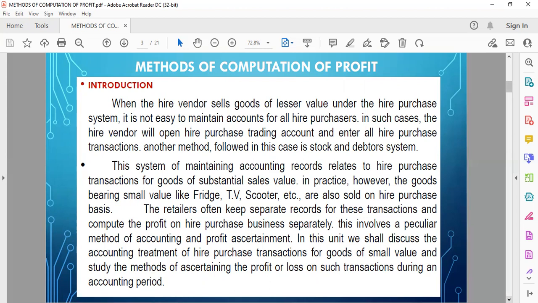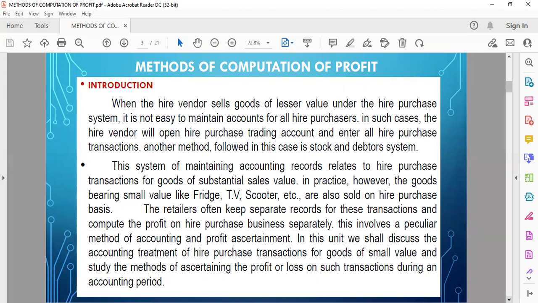In this case, the retailers often keep separate records for these transactions and compute the profit on hire purchase business separately. This involves a peculiar method of accounting and profit ascertainment.